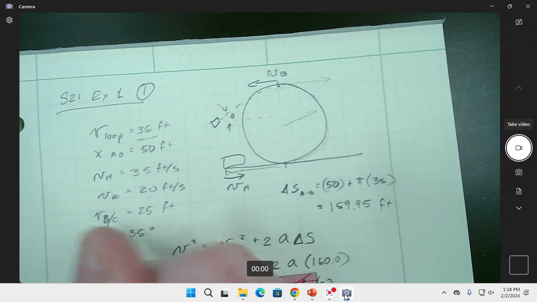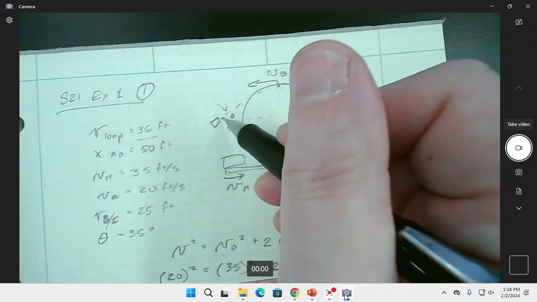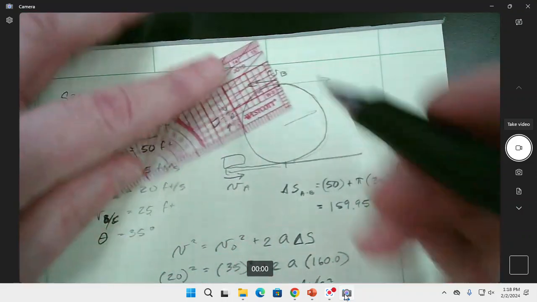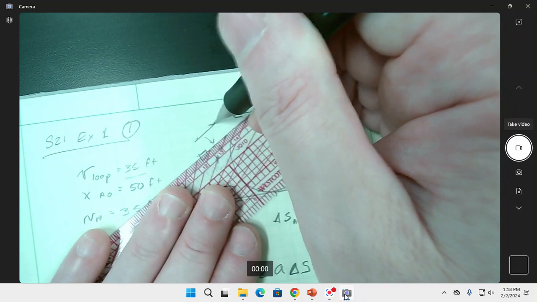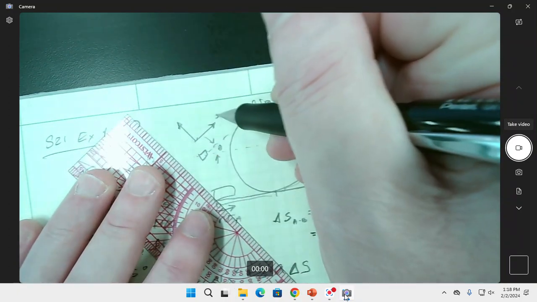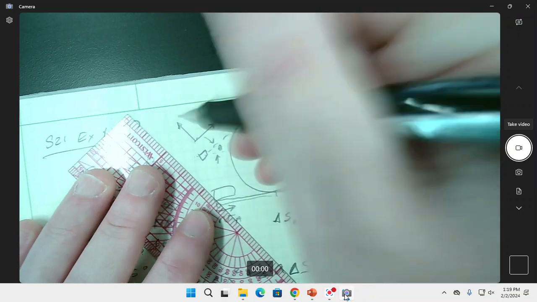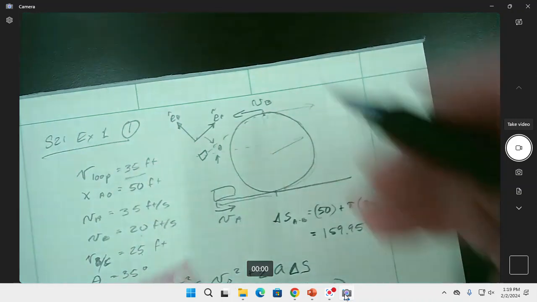So I'll draw it parallel right here. Here's going to be our polar coordinate unit vectors, ER and E theta, with the little hat caret on top.